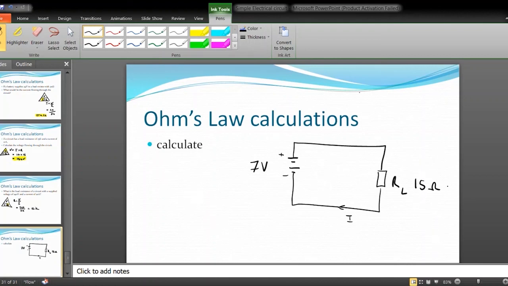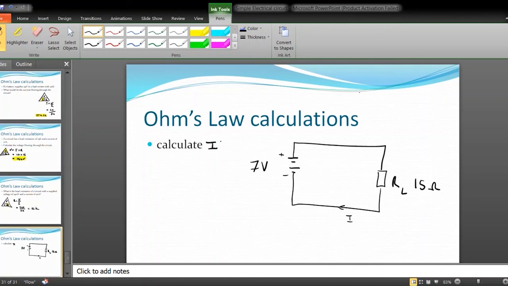For this question, the missing value would be I, the current. We have 7 volts for the battery, and we have a load resistance of 15 ohms. So the missing value is I.